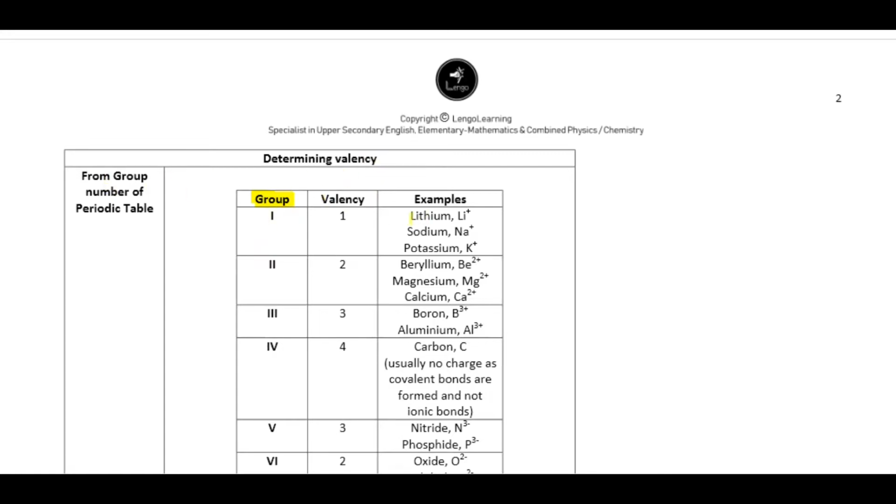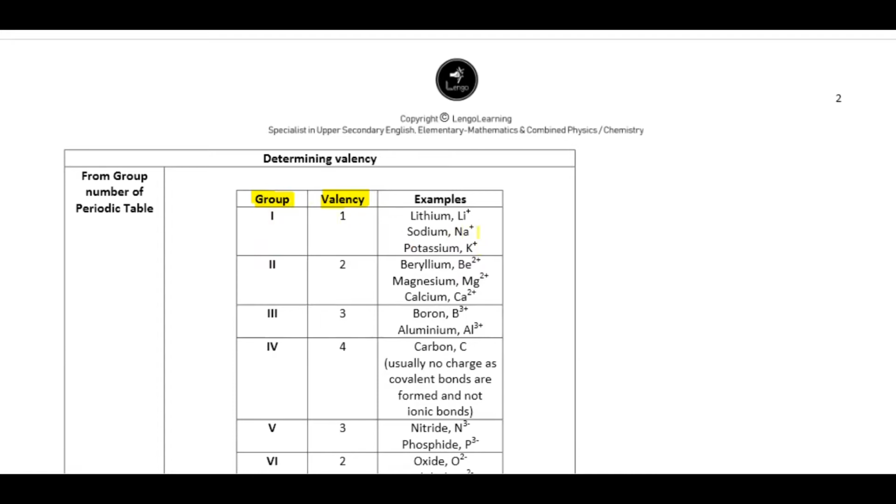Those elements that are in group 1 will have a valency of 1. So for example, lithium is in group 1, sodium is also in group 1, potassium is in group 1, so they all have a valency of 1.